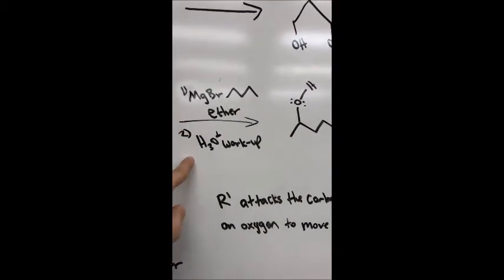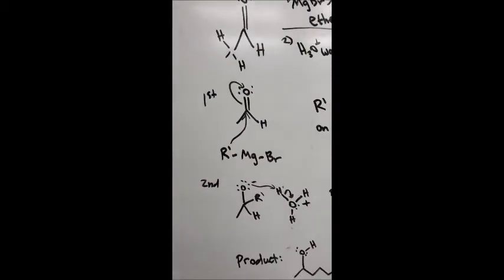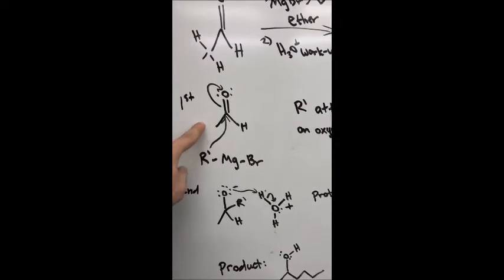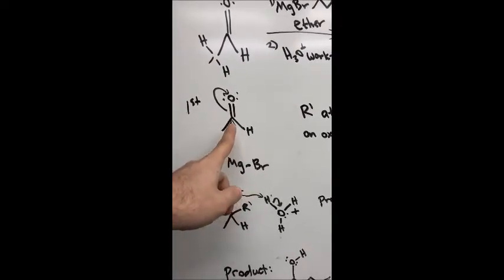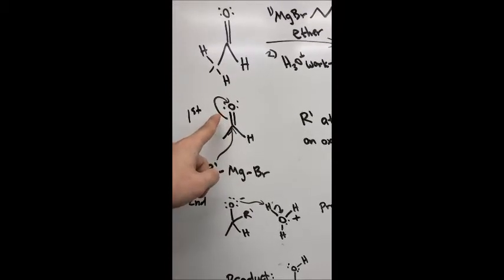In the next step of our synthesis, we are moving from an aldehyde into 1-methyl-pent-1-ol. So to do this, we're using a Grignard reagent followed by acid workup. So in the first step, we have the aldehyde. R prime from the Grignard will attack the carbonyl, causing the double bond on oxygen to move up into lone pairs around oxygen.